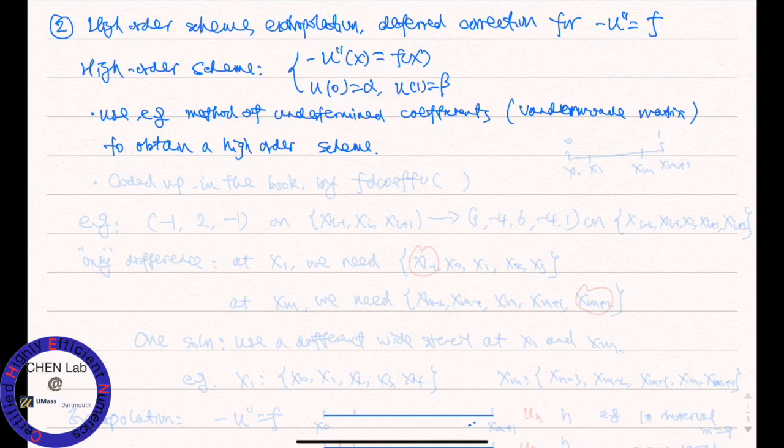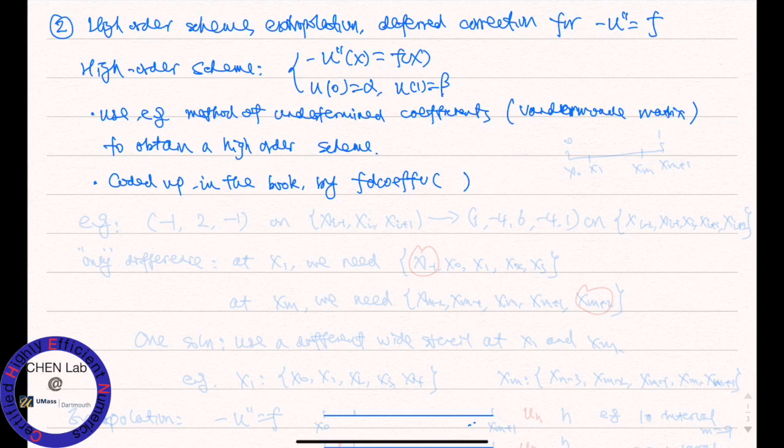This is, as we mentioned, coded up in the book by the subroutine called FD COEFFV, something like that. Also a wider stencil for higher order.